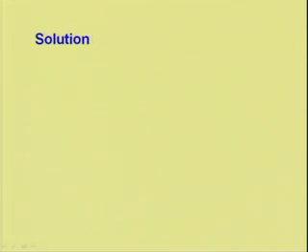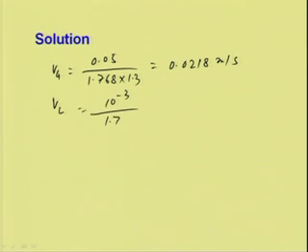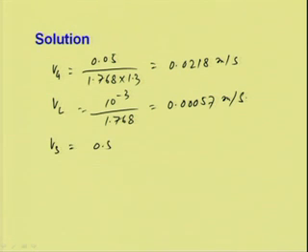Now, if we calculate, Vg will be 0.05 by 1.768 into the density 1.3, which is equal to 0.0218 meter per second, and VL will be 10 to the power minus 3 divided by 1.768, which is equal to 0.0057 meter per second. Vs is given, which is 0.5 meter per second.